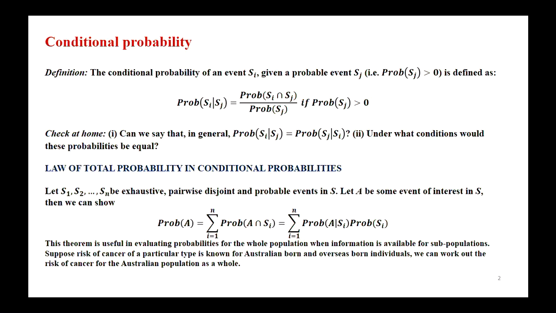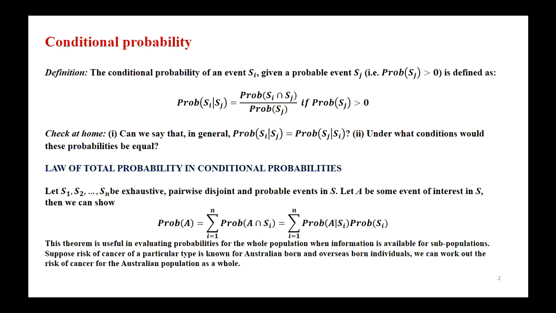That's the law of total probability. Now we can inject the conditional probability formula to replace the intersections. You end up with the sum of the probabilities of A given Sj times the probability of Sj.